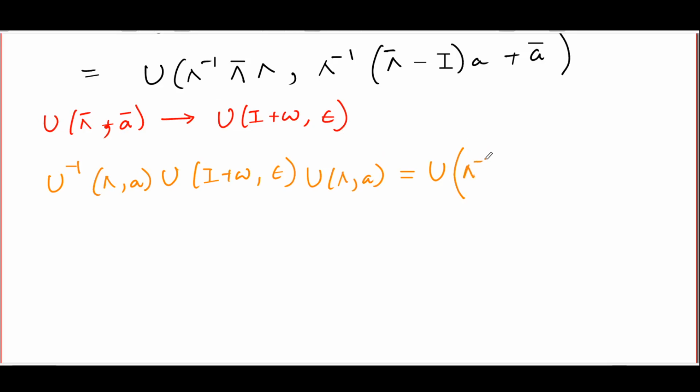I get lambda inverse I plus omega lambda. Then you get lambda inverse. This is I plus omega, so minus I simply gives you omega A plus epsilon.